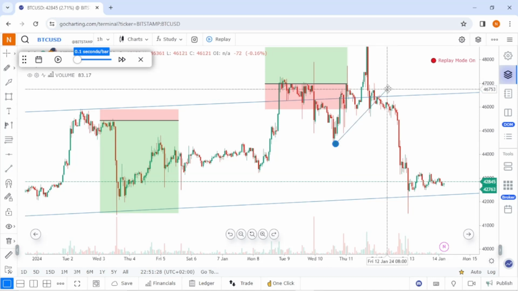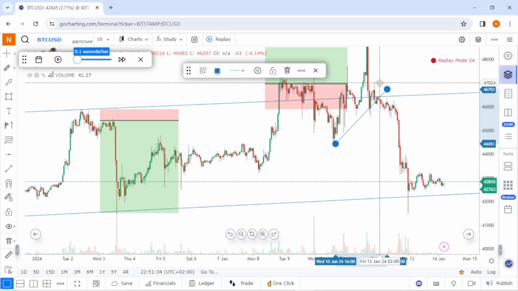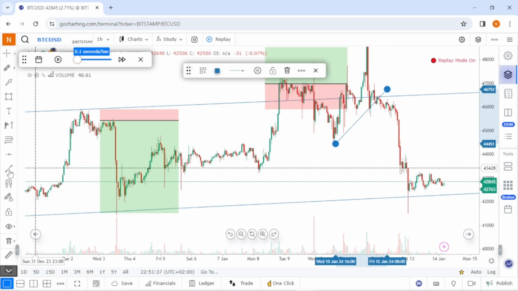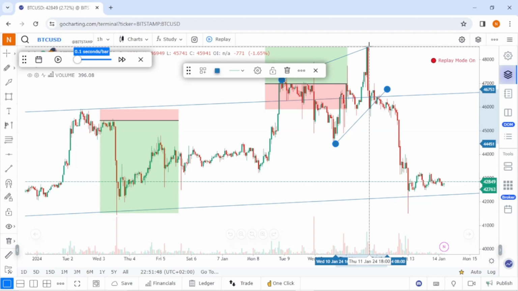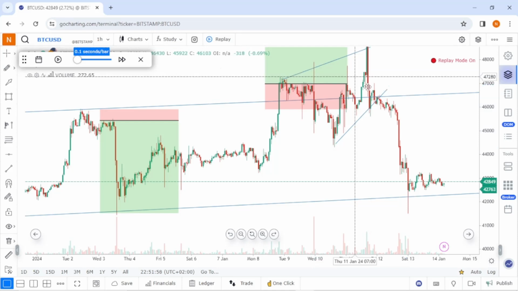If I was to place this trend line right here and then place another one, you can't even see. Let me do this. Right here, you would have realized that, okay, we have some sort of a channel, right?